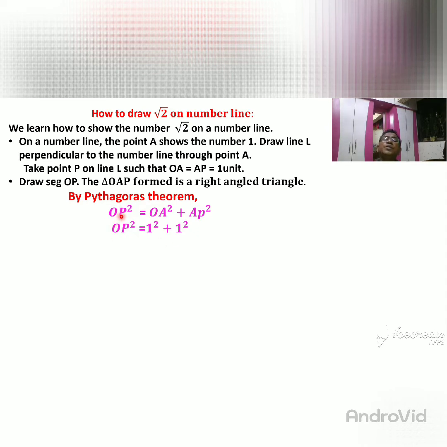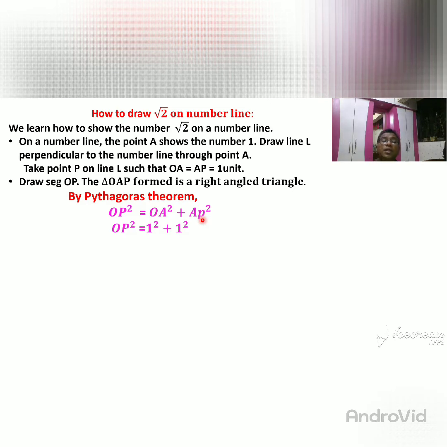Hypotenuse square is equal to one right angle side square plus another right angle side square. This is called the Pythagoras theorem. Suppose some of the students don't understand what I say in English. So Pythagoras theorem म्हणजे काय? The hypotenuse चा स्क्वेअर बरोबर राईट अँगल तयार करणाऱ्या एका साइडचा स्क्वेअर अधिक राईट अँगल तयार करणाऱ्या दुसऱ्या साइडचा स्क्वेअर.